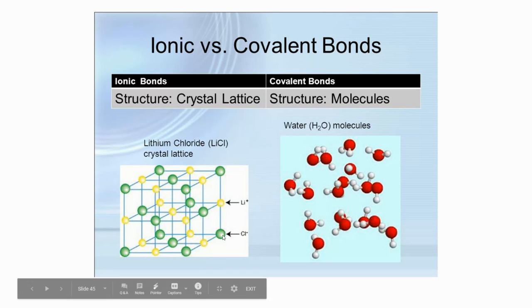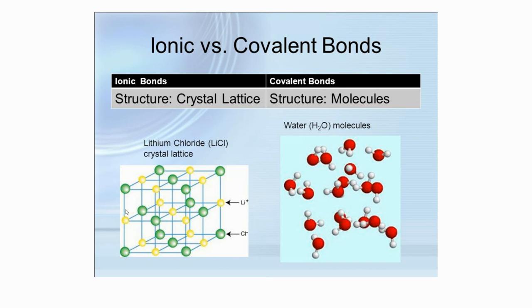The negative ions and the positive ions form a regularly repeating pattern. They form these really, really large molecules, basically.